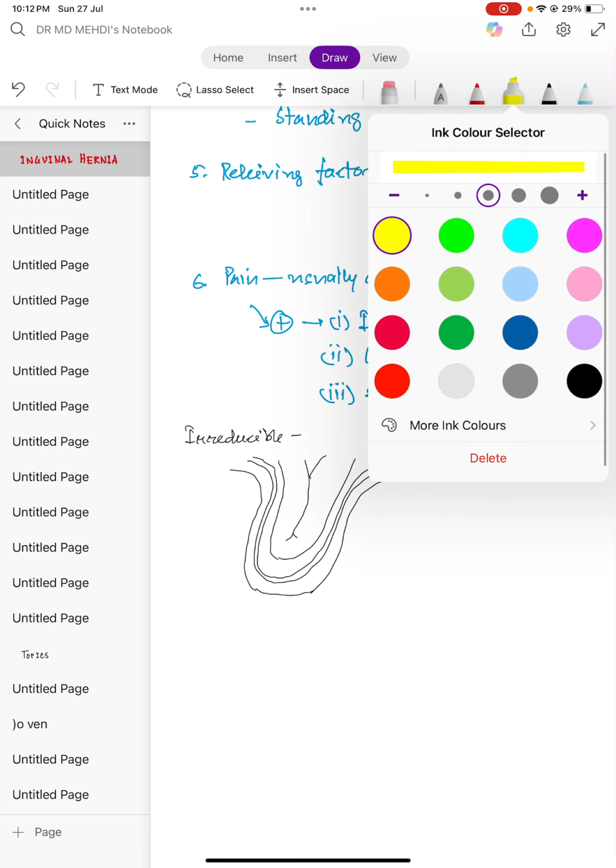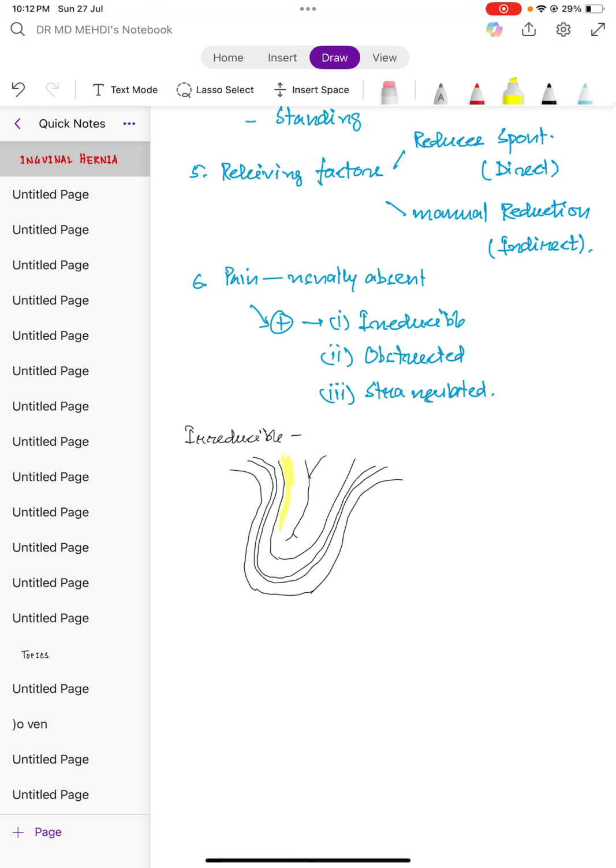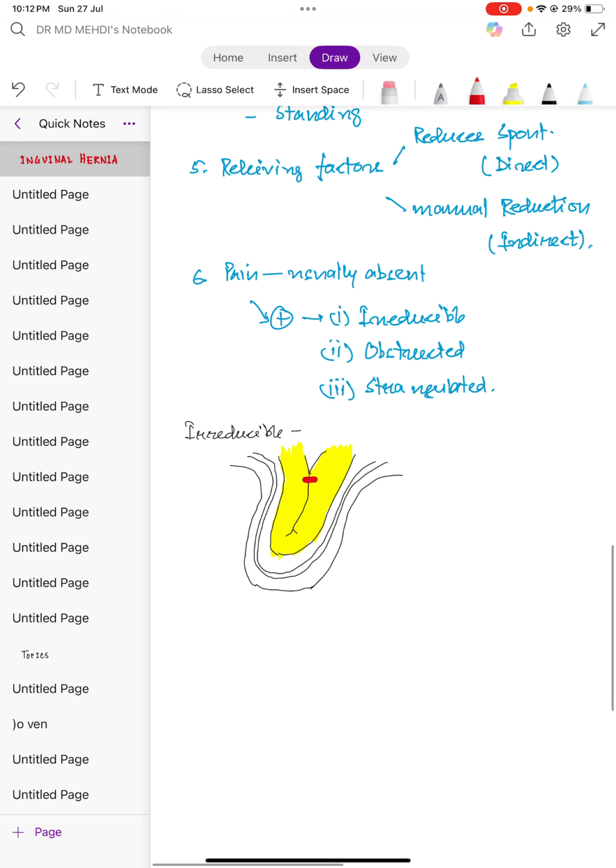So this is the bowel. So the causes of irreducibility are, first of all, there will be adhesion between the contents. Next, there will be adhesion between the sac and the content. So these are the main reasons.